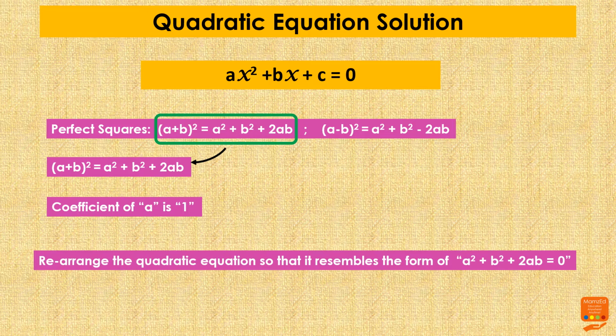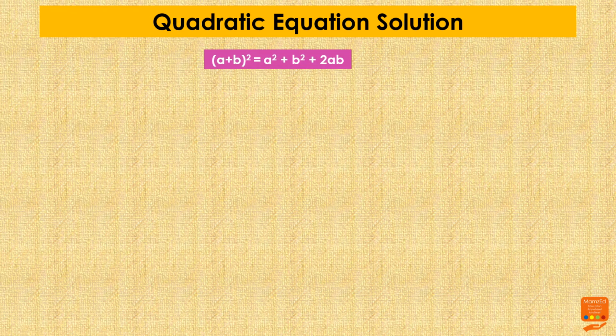And if you notice, our quadratic equation has the alphabets a and b in it, and the perfect square equation that we are using as a reference also has the alphabets a and b in it. So to avoid any confusion between these two equations, we would replace the alphabets a and b in the perfect square equation with u and v, so that instead of (a plus b) whole squared, we will use (u plus v) whole squared, and the equation will be (u plus v) whole squared is equal to u squared plus v squared plus 2uv.